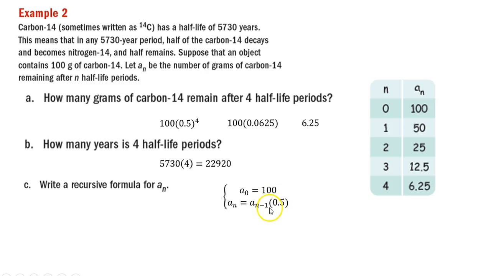And this has to be true for n any number that's bigger than or equal to 1, because we're not going backwards in time here. So this is the recursive formula for this 100 grams of carbon 14 after n half-life periods.